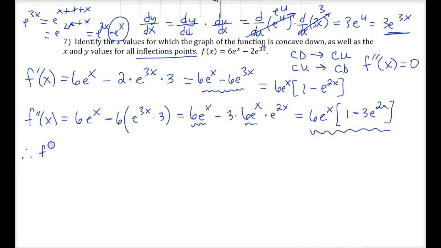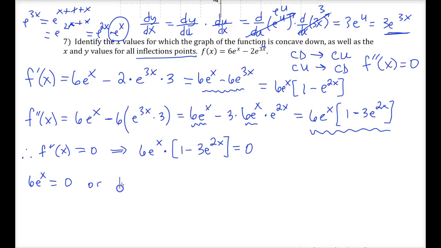So I know that if I take the second derivative, set it equal to 0, then that means that 6 e to the x times 1 minus 3 times e raised to the 2x is going to be equal to 0. Okay? And so from that point, we know the following. We know that this means that 6 e to the x is equal to 0, or we know that 1 minus 3 e to the 2x is equal to 0.